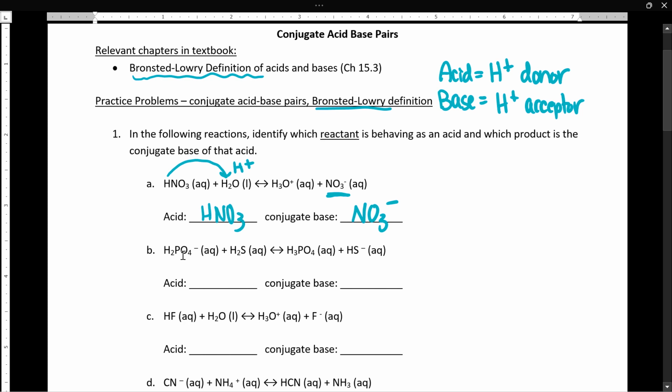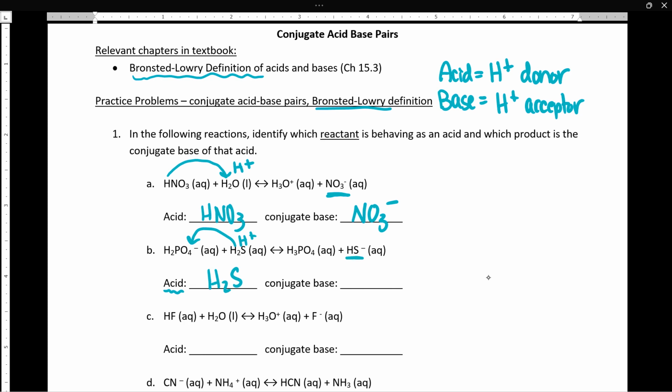Now, if we look down at this one, in this problem we're trying to identify what is our acid. So our acid is our hydrogen donor. So I want to look for a substance that gives up a hydrogen. So it looks like in this example that the H2S is giving up a hydrogen. It is giving it to the H2PO4. So H2S is our acid.